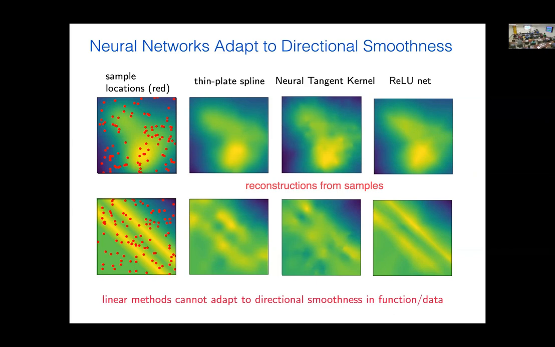They can't adapt to this directional smoothness. Here it's perfectly smooth, or constant, in this direction; there's only variation in this direction. These methods can't adapt to that intrinsic low-dimensional structure, where neural networks can. It's easy to see why: you can tune those input weights, which essentially orient the neurons, so they only have variation in that key direction.